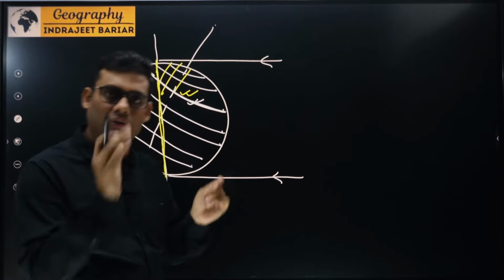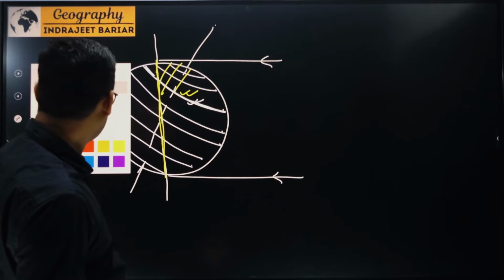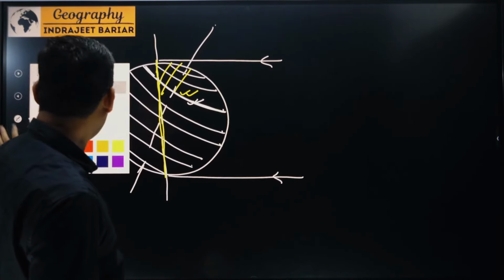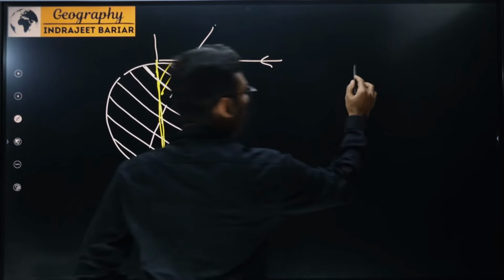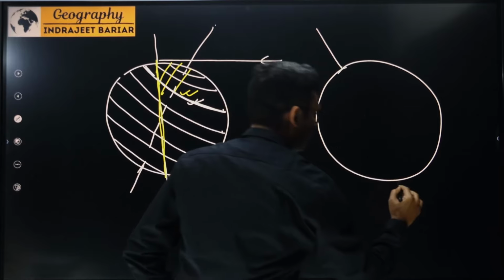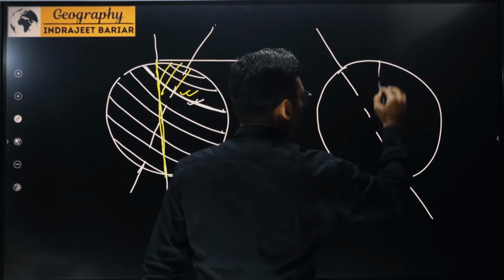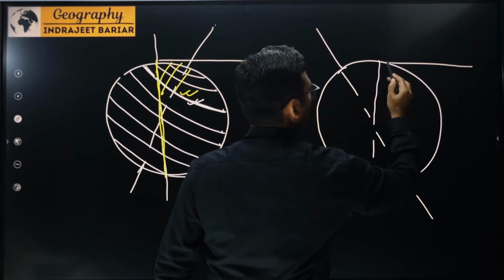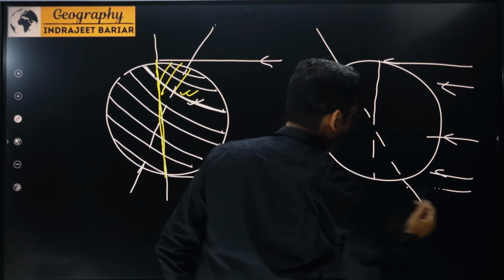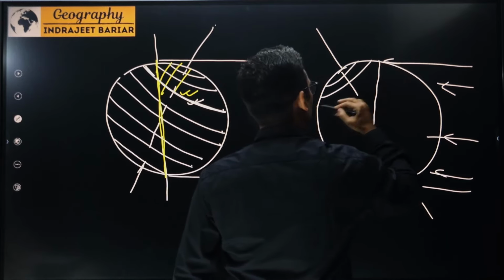Now as the Earth revolves, in the winters of the northern hemisphere, the face that it is going to present to the sun is going to look like this. And over here the sun rays are falling like this. Again we are going to draw the latitudes.